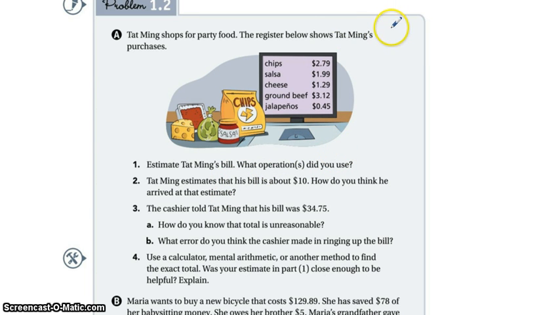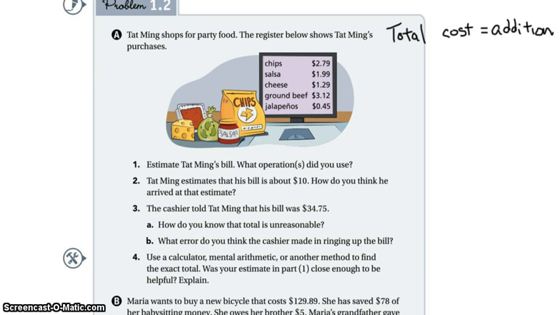If we are estimating his bill, the bill would be the total amount of money that he spends. Since we are looking at the total cost, total would imply that we are going to be using addition to find the total.